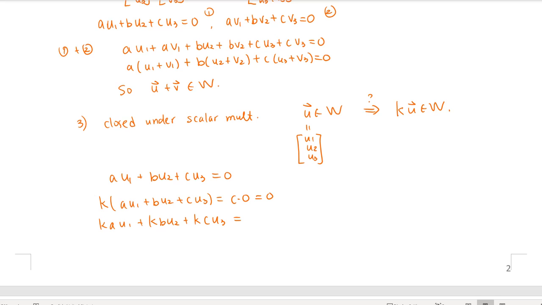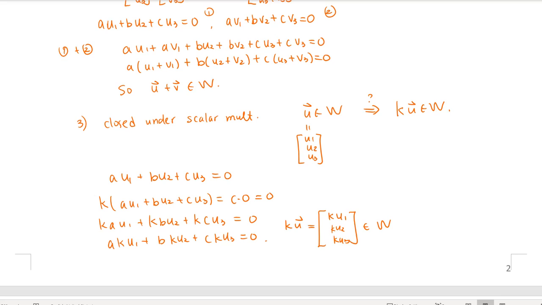Because multiplication of numbers is commutative, we get A kU1 plus B kU2 plus C kU3 equal to 0. Well, this is the same as saying kU1, kU2, kU3 is in W, and this is exactly kU.